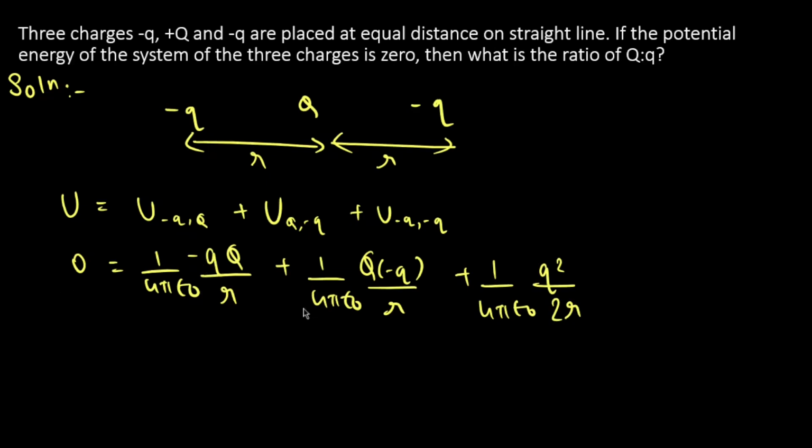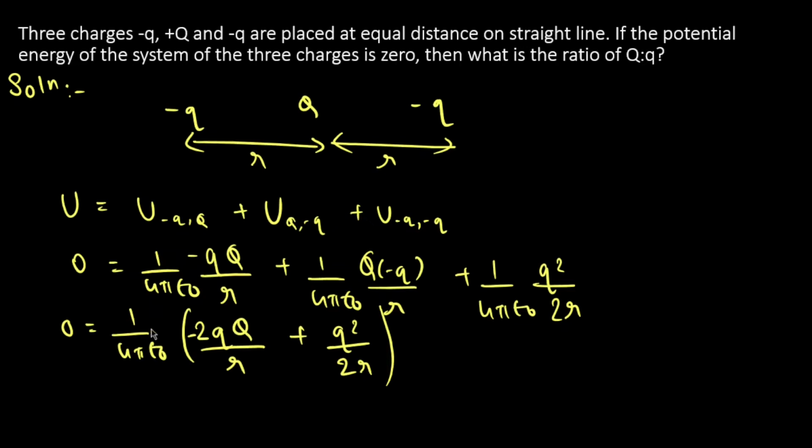Now taking 1 upon 4 pi epsilon naught common, we get 0 equal to 1 upon 4 pi epsilon naught, this minus q and q, minus q will get common, so 2 times q by r, minus plus q square upon 2r.